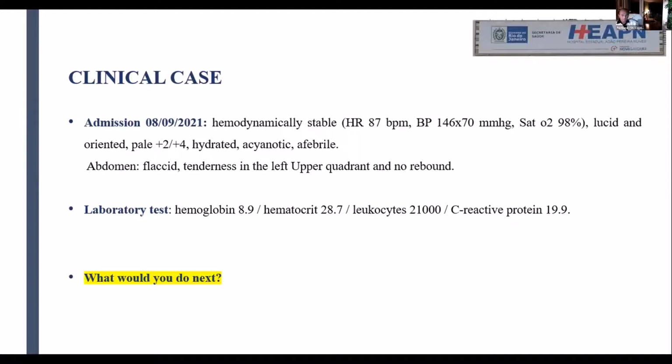So let's look at this case. He was in the hospital 15 days ago. He got discharged. Now he's in your hospital and he doesn't look good. He has a hemoglobin of 8.9, hematocrit low, his white count is 21. So you have to start from the beginning, which is an enormous expense for you and for your country. So the first thing I would do, I would try to get the information from the hospital, even though it may not be available to you.